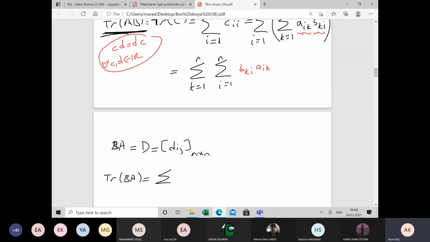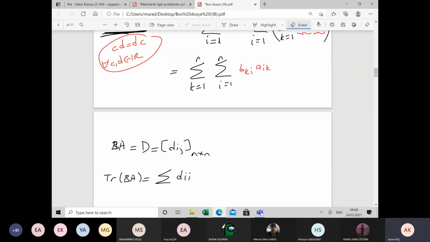We know the trace is the sum of the main diagonal entries D_ii. Use a different index, K, because our aim is to get this one. So use, for example, D_kk, k from 1 to n. All entries on the main diagonal, the sum of the main diagonal entries.